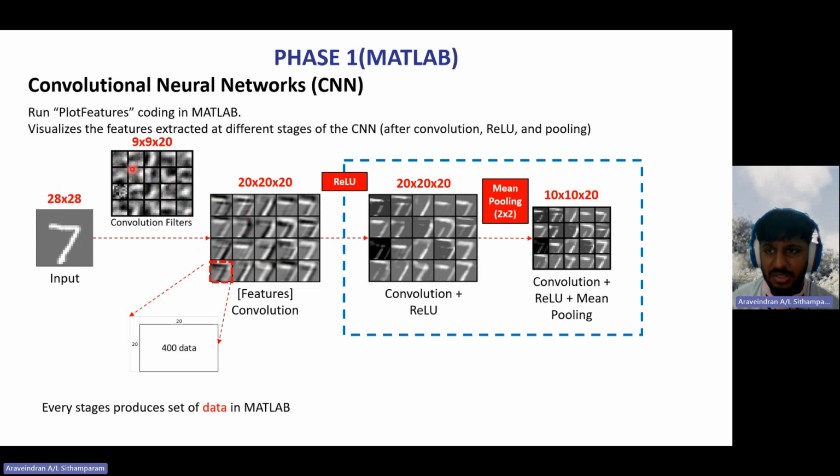The convolution filter function is to detect specific shapes on a number. For example, the input has a long shape on the bottom and a horizontal shape on the upper side, which is number 7. So the convolution filter will detect whether the number 7 has horizontal, vertical, or other shapes.